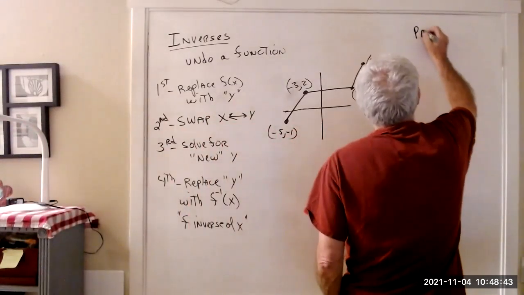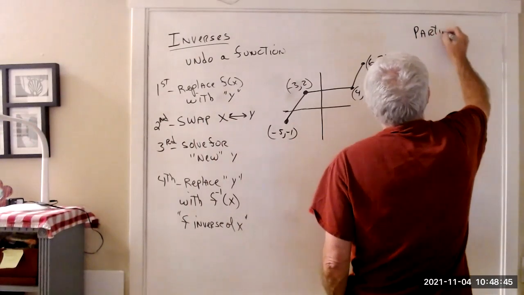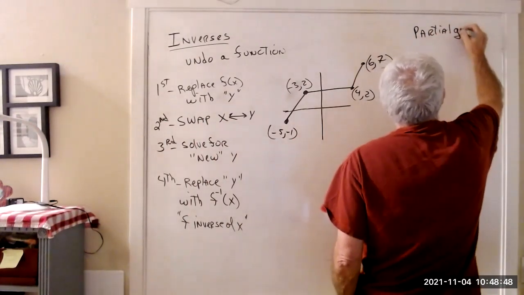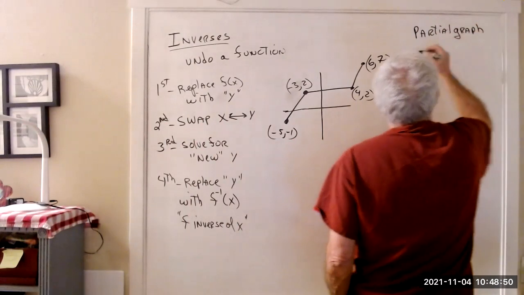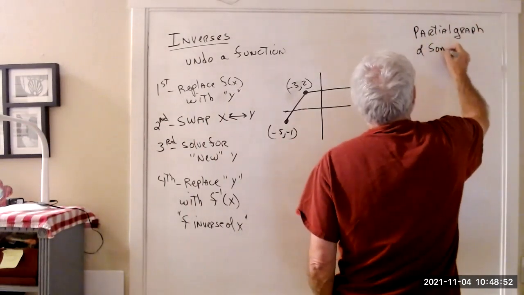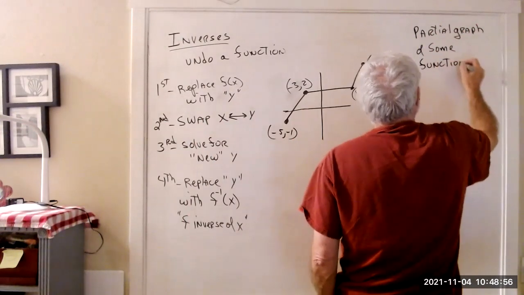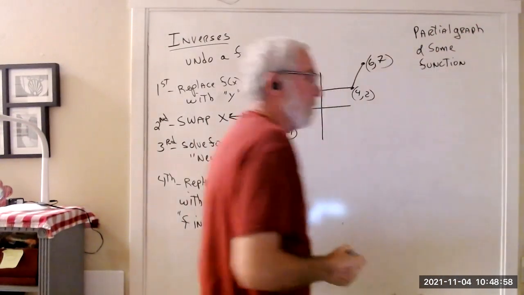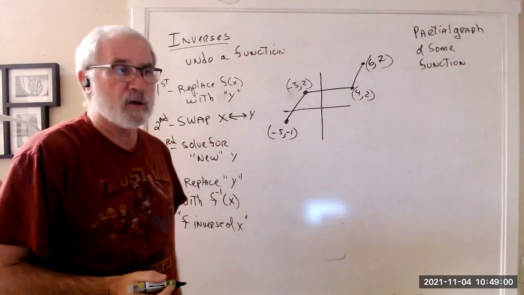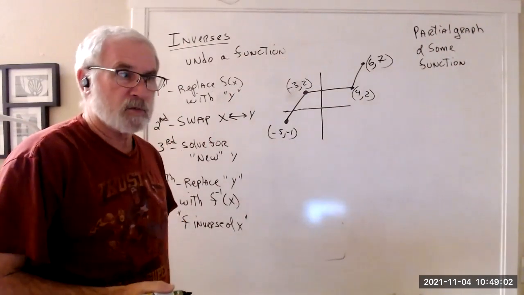This is a partial graph of some function. Again, we'll give you the picture. I don't know what the rule was. I have no idea what the rule was. Okay.